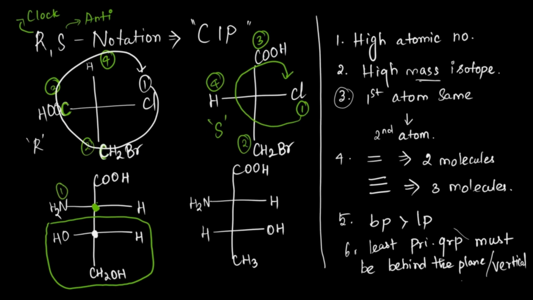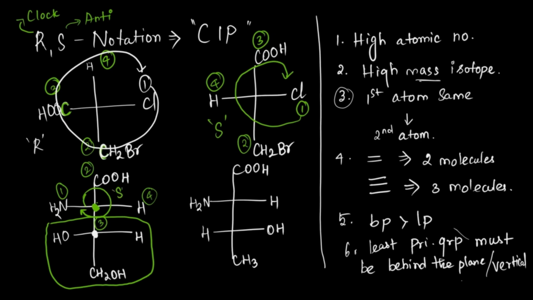So the first priority goes to nitrogen, the second priority goes to COOH, the third priority is for the group below, and the fourth priority is hydrogen. The least priority group must be in vertical position; here that is not the case, so I have to do the opposite. Before that I have to find whether it is clockwise or anti-clockwise. This is clockwise. Clockwise must be R, but I have to use the reverse rule, so this becomes S.